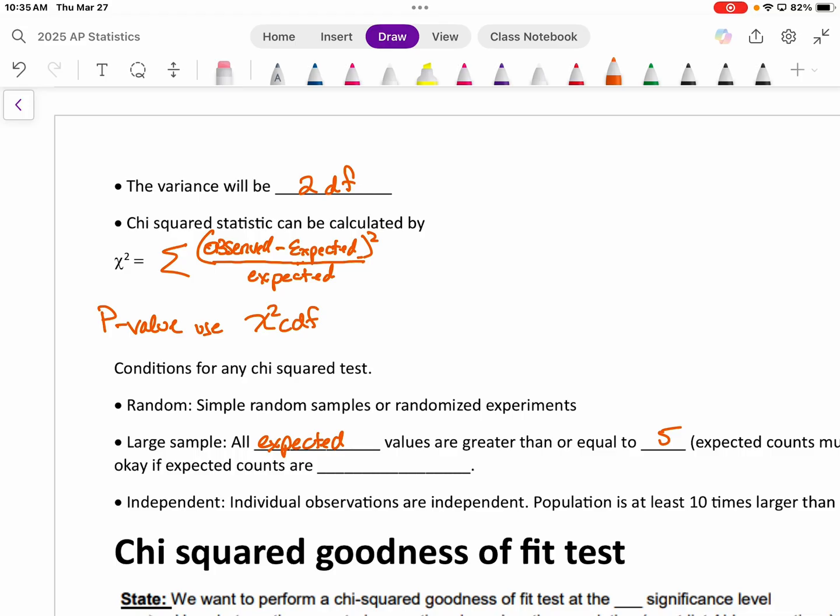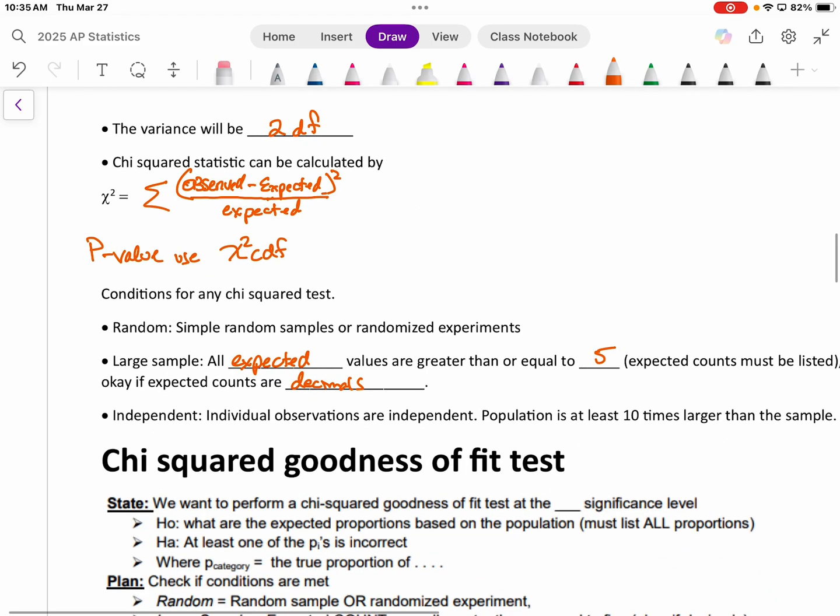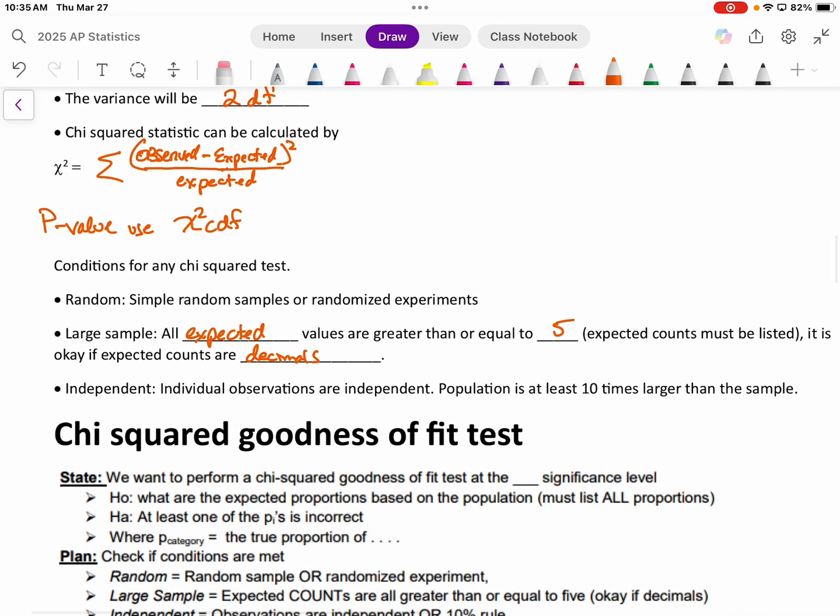And in this case, it's okay if the expected counts are decimals. And for the independence piece, this goes back to being the same thing. Do we have 10 times our sample size? Is it less than the population? If so, then we are independent.